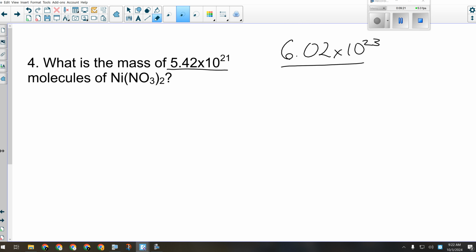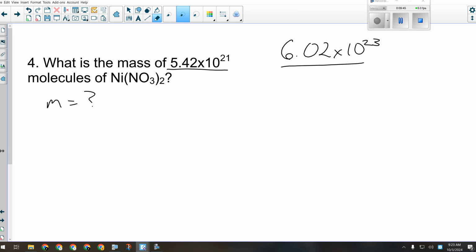That's 2 factors of 10. 10 squared is 100. So this means when I calculate my number of moles, I should get a really small number. I think it ends up being 9/1000ths of a mole. It's 0.009.